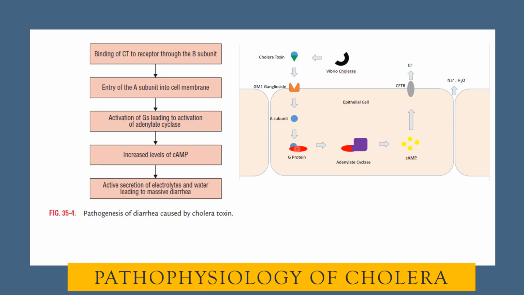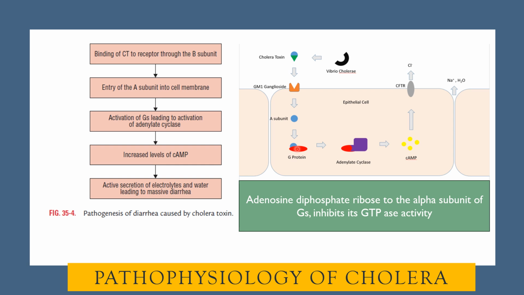When the toxin is already inside the cell, it will bind with the G protein. The toxin adds adenosine diphosphate ribose to the alpha subunit of Gs. Gs stands for the G stimulatory protein.